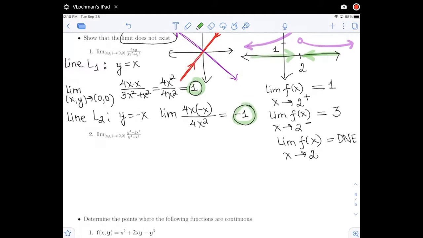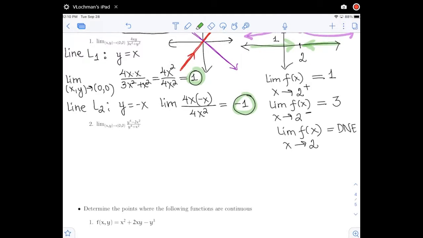Same idea. I have an expression that gives me 0 over 0 if I plug in my point, right? So I need to show that the limit does not exist. And this might take you some time to find those lines. My first line I'm going to pick is just x is equal to 0, or the y-axis.